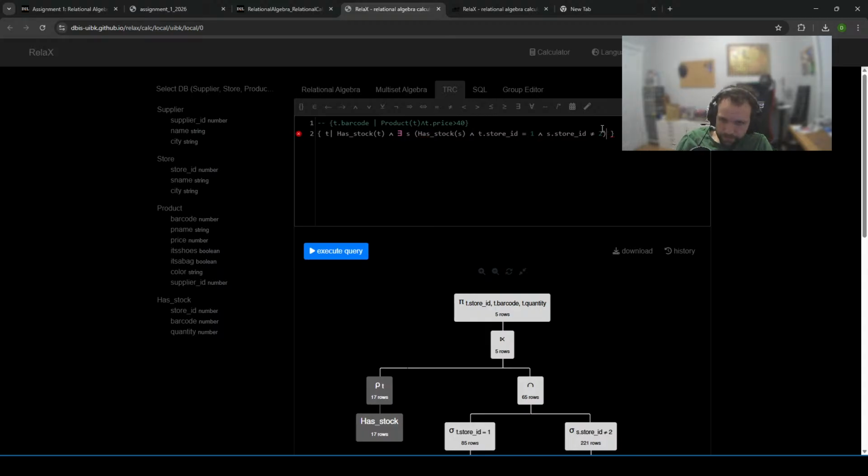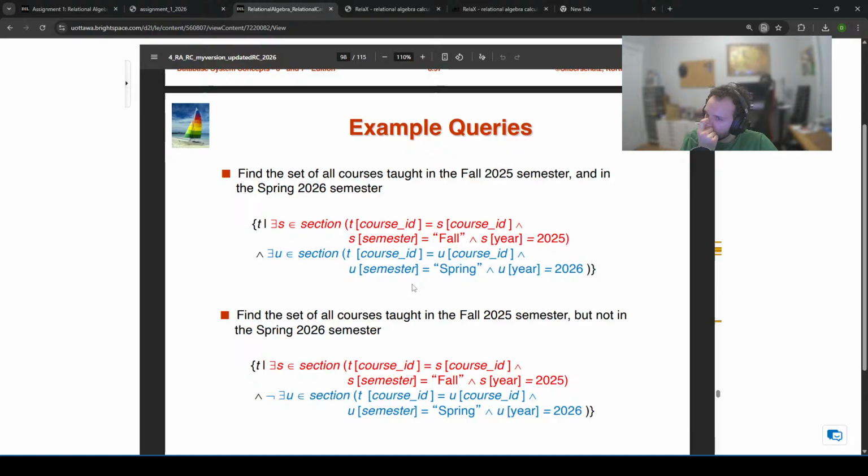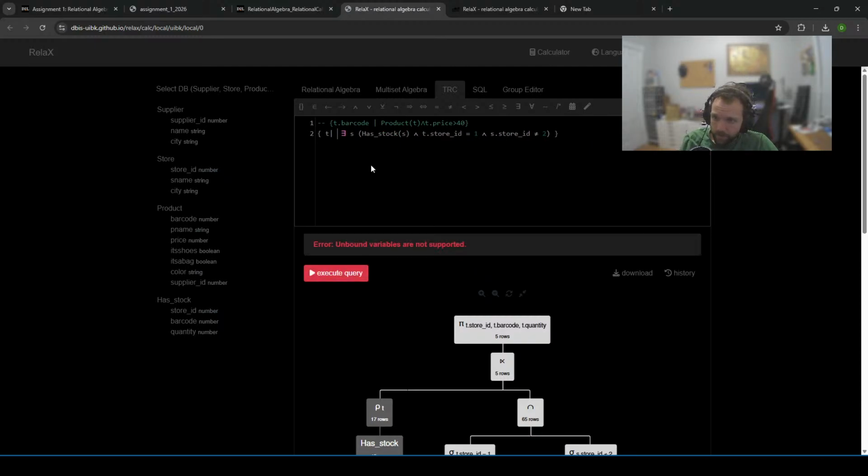I don't get it. Do I even need to include that? Unbound variables are not supported.